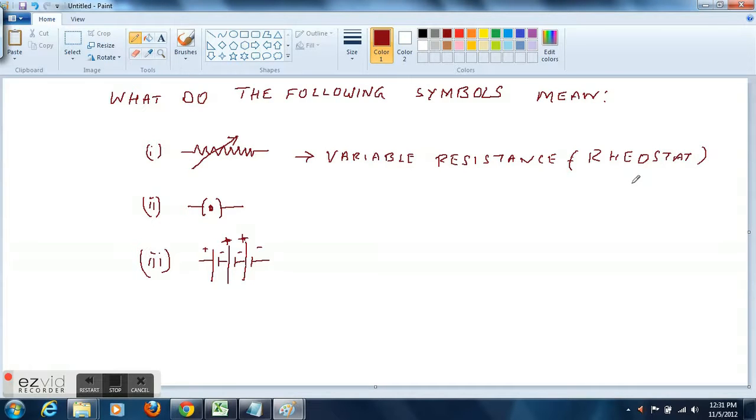The next one is a switch, an electrical switch. Actually, it is a closed switch. For an open switch, the dot in the middle will not be there. It is a closed switch.